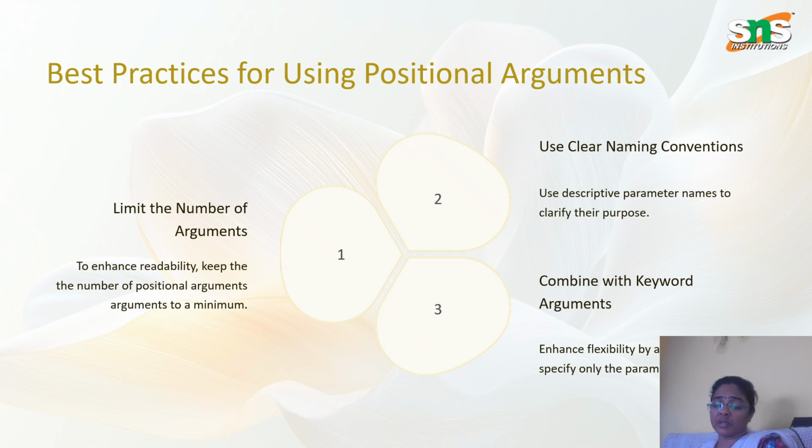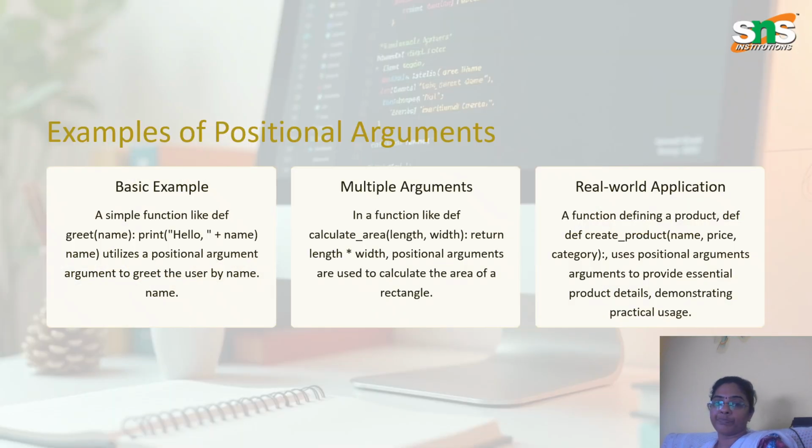While combining with keyword arguments, it enhances the flexibility by specifying not only the parameters, but also we can use it where the positional arguments need to be explained more clearly.